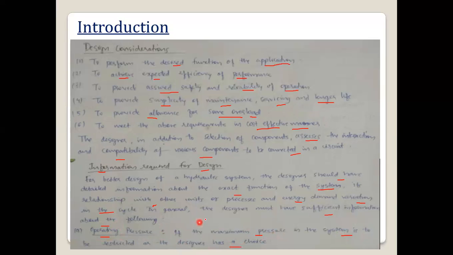So maximum operating pressure is a very important part in hydraulic circuit design, because we can first consider the operating pressure. Like if I'm considering a pressing application, and the maximum operating pressure is 200 bar, then the pressure is fixed, and based on that pressure I can go on to select the other components.